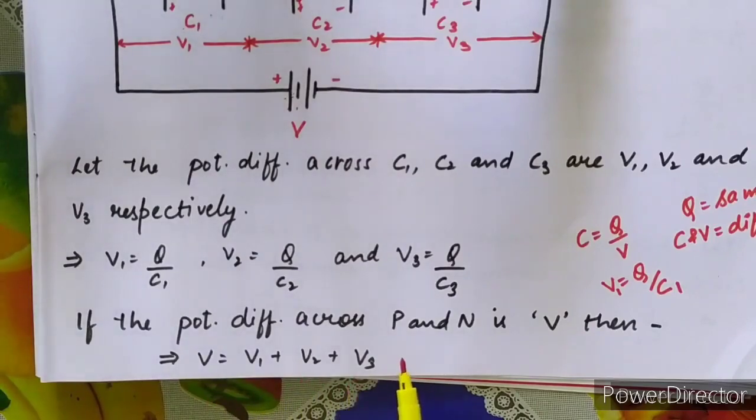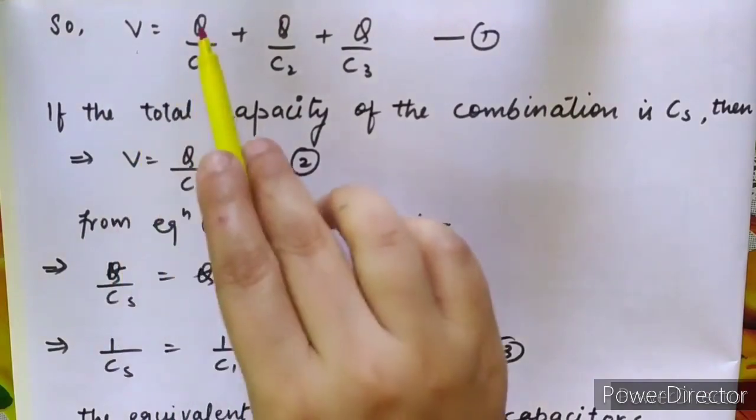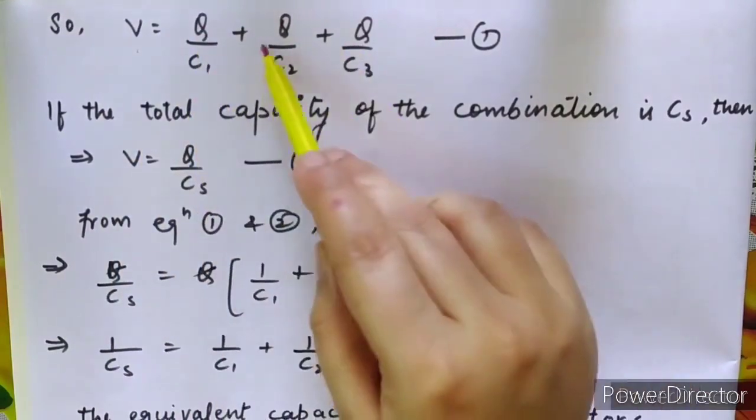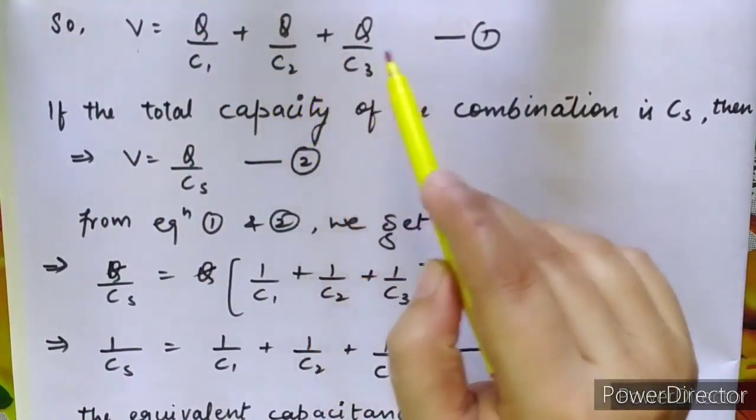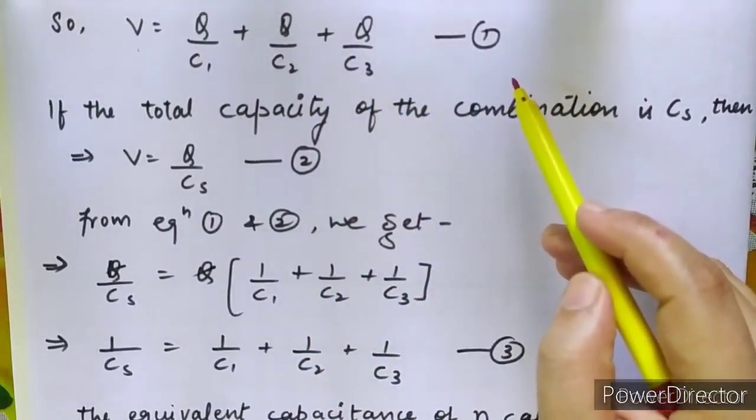Now, simply we have to put the values of V1, V2 and V3 in this equation. So, as we put all the values, we get V is equal to Q upon C1 plus Q upon C2 plus Q upon C3. This is your equation number 1.